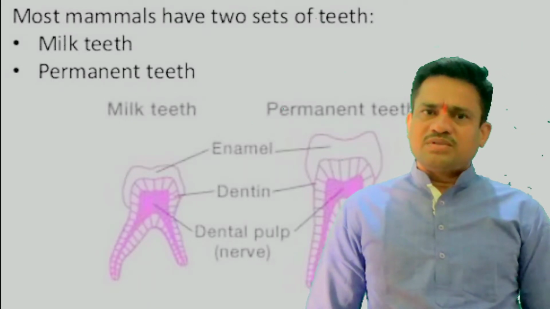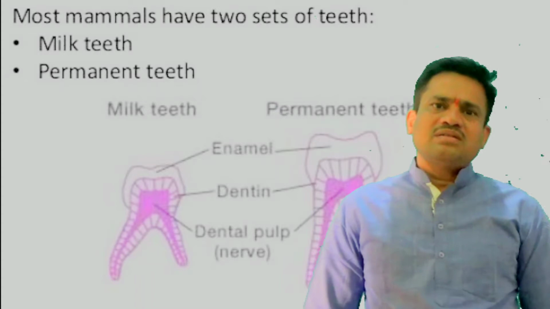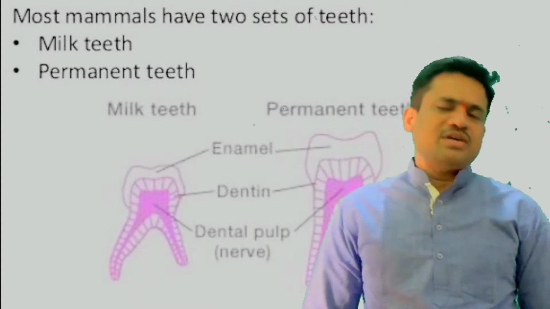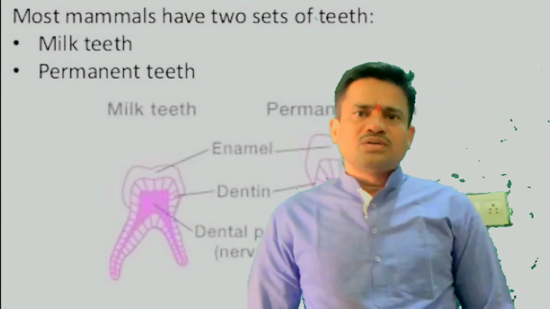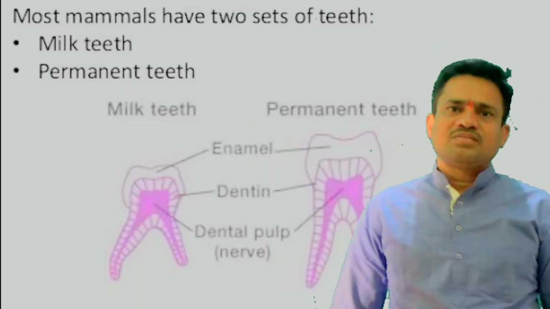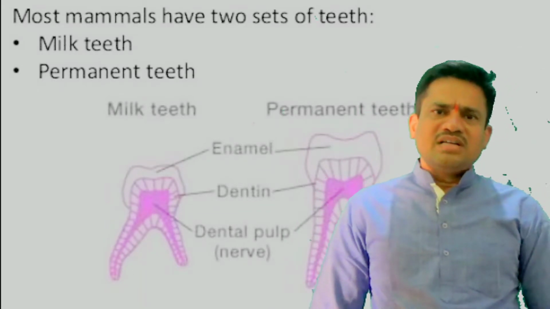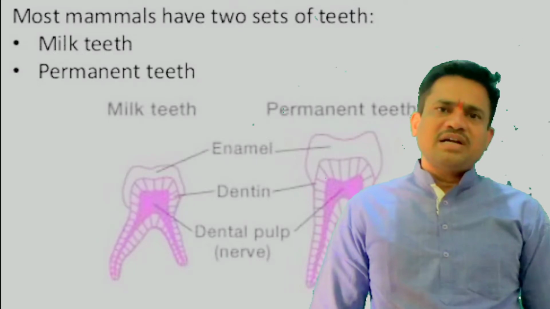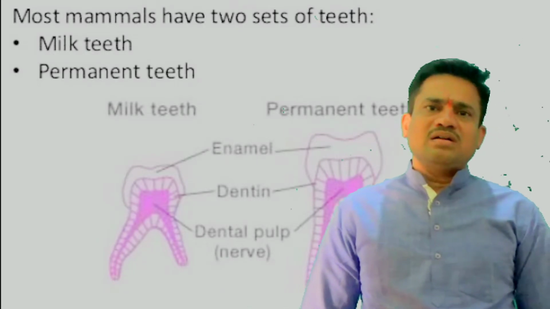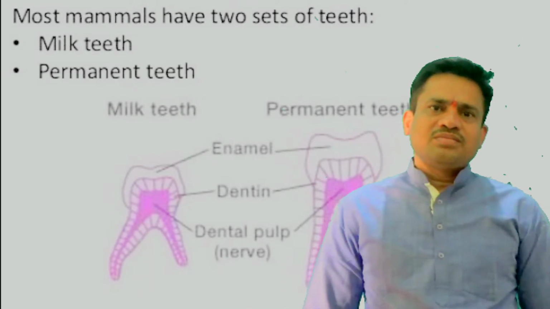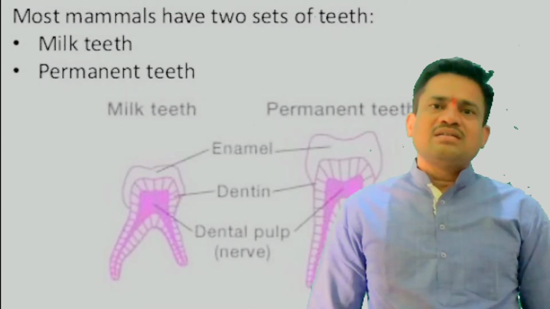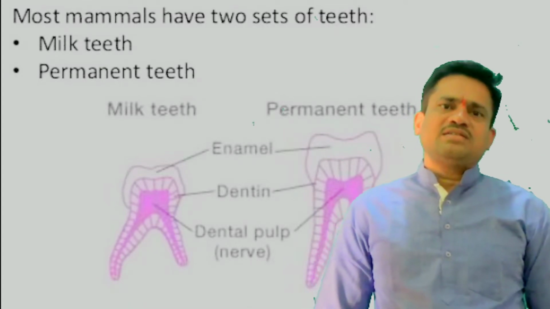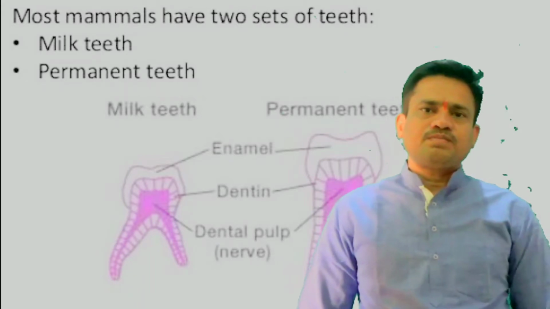Generally these four types are present on the upper jaw and lower jaw. First, incisors. The first teeth arranged on the upper and lower jaw are incisors. These are for cutting the food materials or prey.